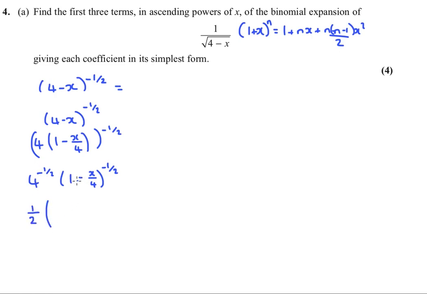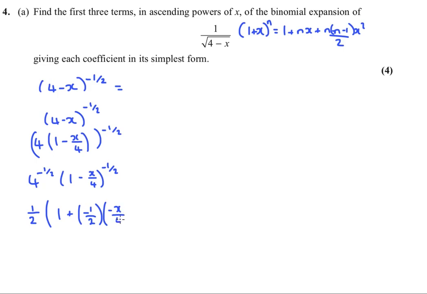And now I'm going to times it by the expansion of this, which we've just said we're going to use this formula for. So first term's 1. Second term is going to come from the n term times the x term.